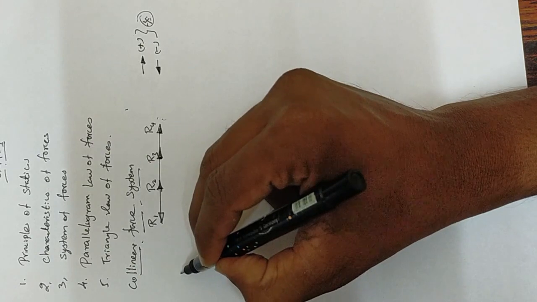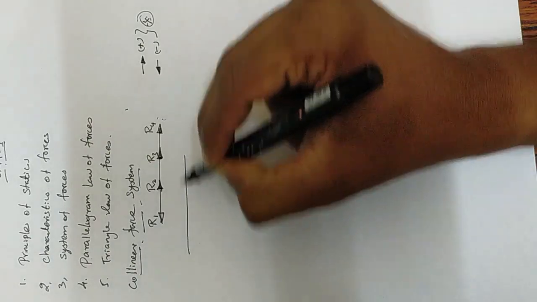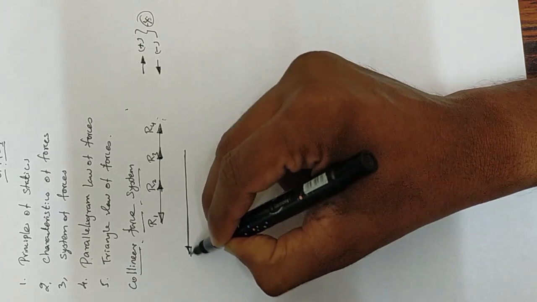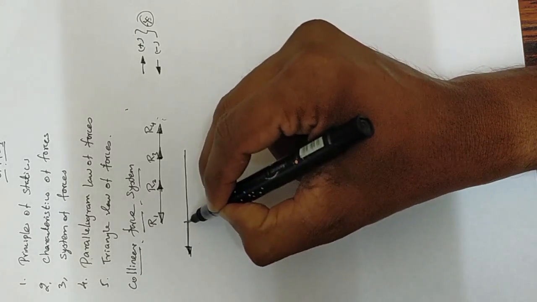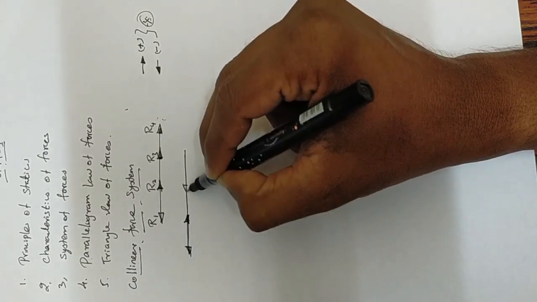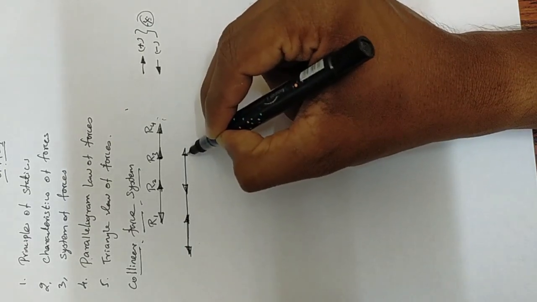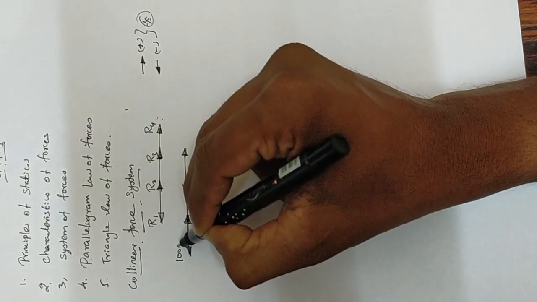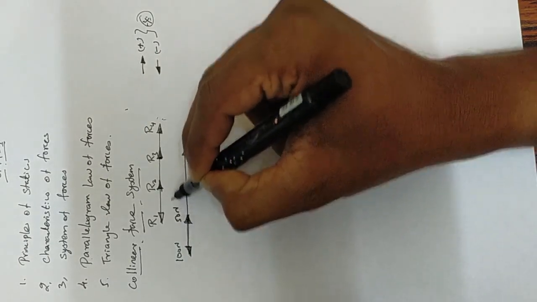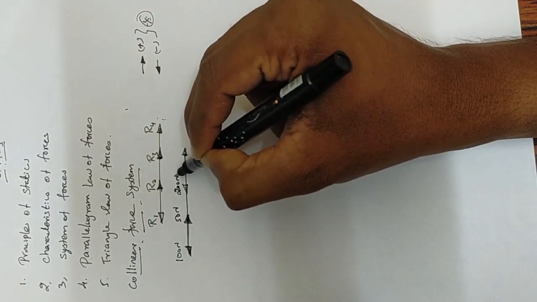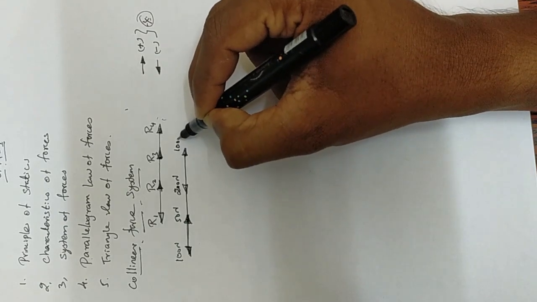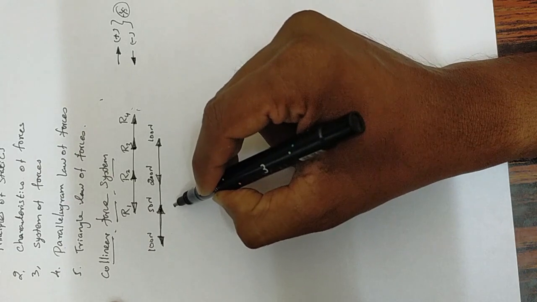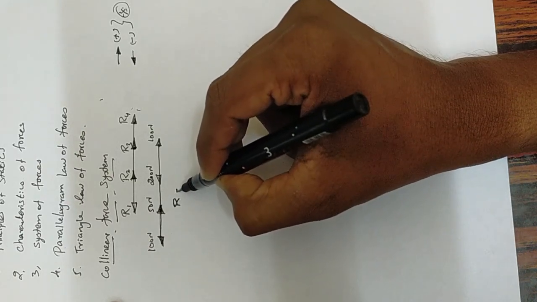Here one line is there, and four forces are acting, 1, 2, 3 and 4. The intensities of the forces are 100 Newton, 50 Newton, 200 Newton, 100 Newton. How will you find the resultant force of this collinear force system?